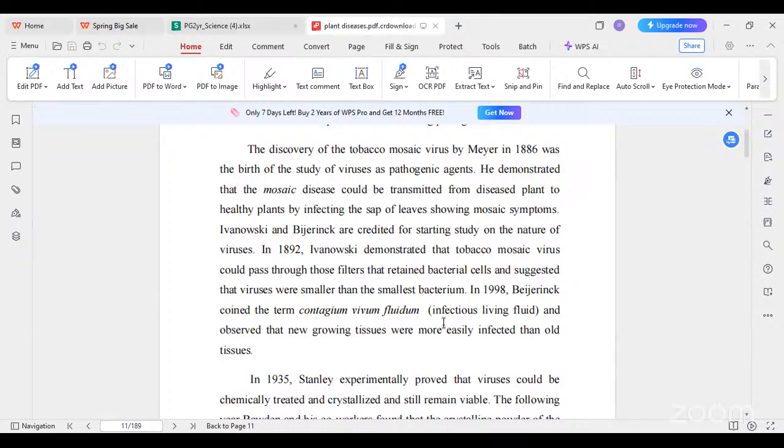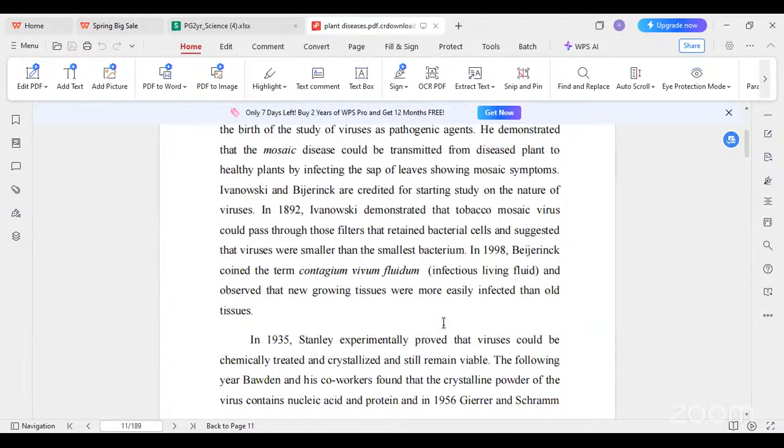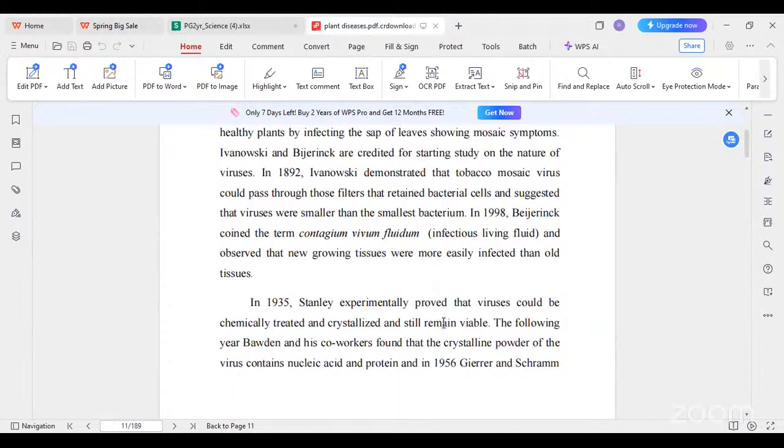In 1892, Ivanovsky demonstrated that tobacco mosaic virus, called TMV, could pass through filters that retained bacterial cells, and suggested that viruses were smaller than the smallest bacterium.